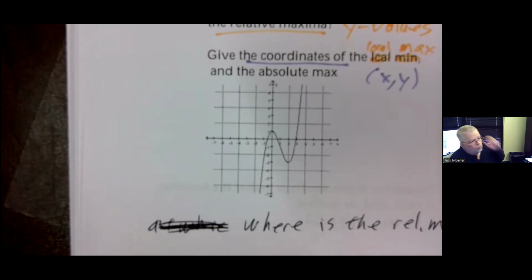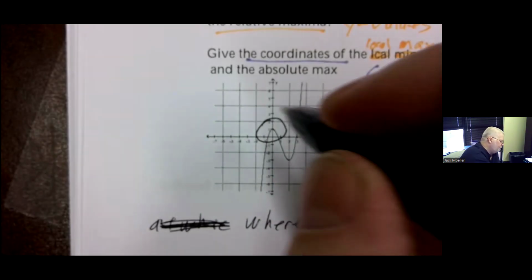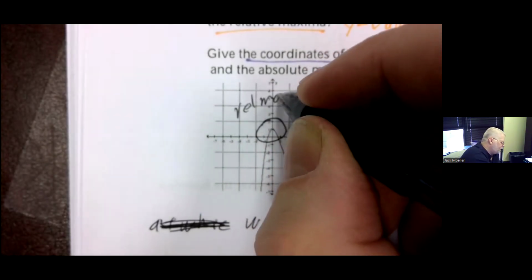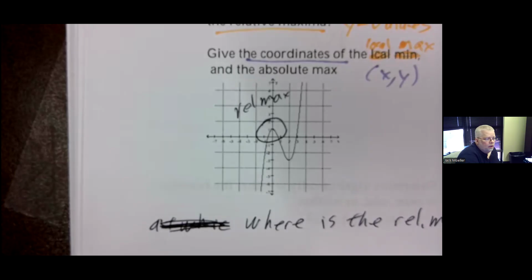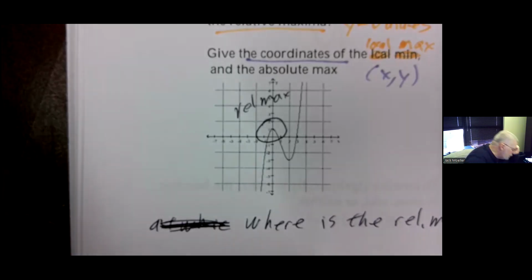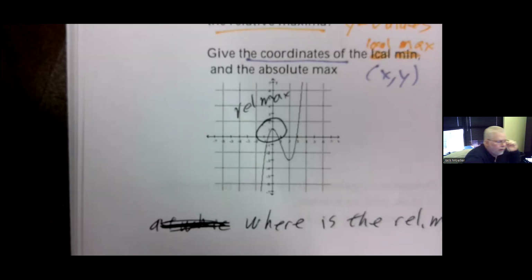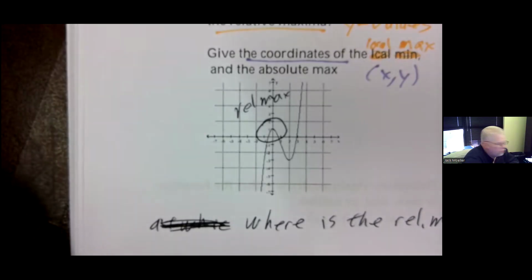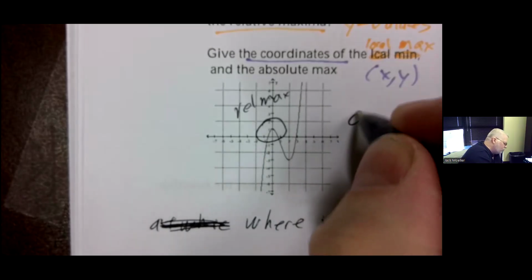How do we find relative max on this graph? Well, relative max means we're looking for a mountain peak. So where's the mountain peak on this graph? Right here. All right, so let's see. That point is 0, 1.